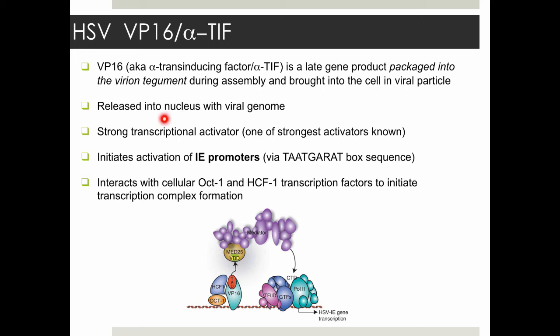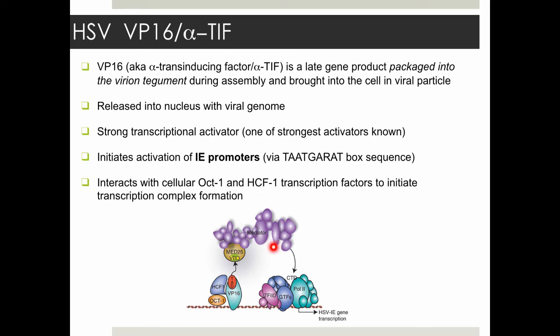The most important of these immediate earlies is the VP16 protein, present in the tegument as soon as it gets to the nucleus, serves as one of the strongest transcriptional activators that we know of. It's actually kind of interesting because VP16 in and of itself doesn't bind to DNA. It only binds to DNA together with cellular factors. These cellular factors then interact with the mediator complex, which allows the assembly of RNA polymerase II at all of the immediate early promoters.